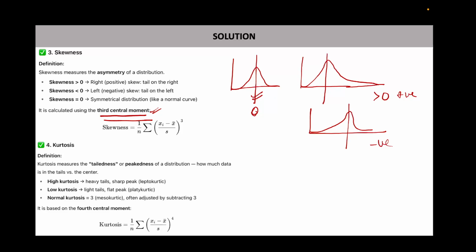And the fourth one is kurtosis. Your skewness and kurtosis are very much related, but skewness will only tell which side your asymmetry is going, whether it is going on the right side or the left side. It will not talk about whether your data had a more prominent peak or a more prominent tail.